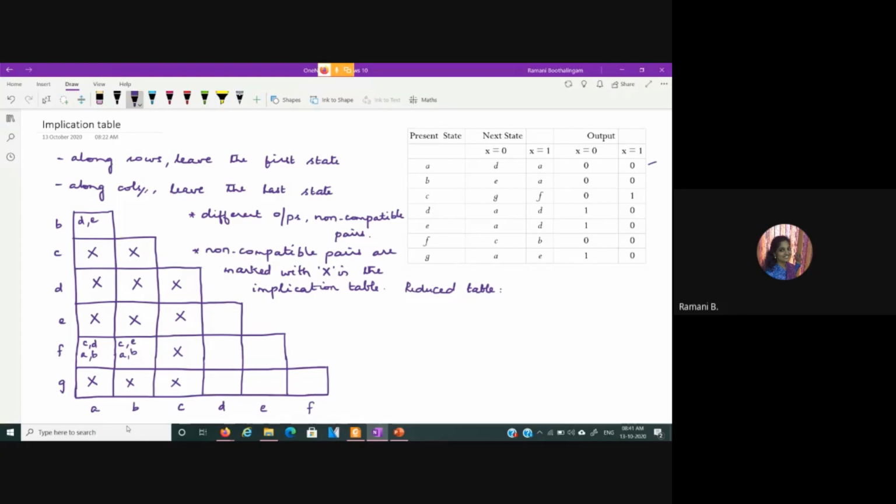Then D with E. With D and E, both have the same next state and same output. So we mark a tick sign over there. Compatible pairs are marked with a tick mark in the table.